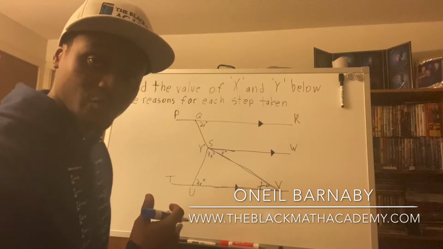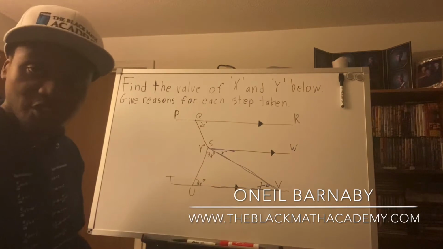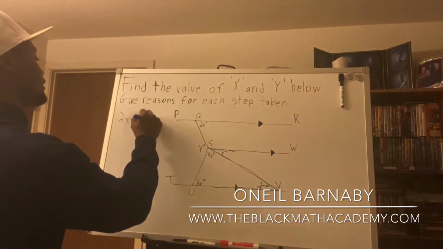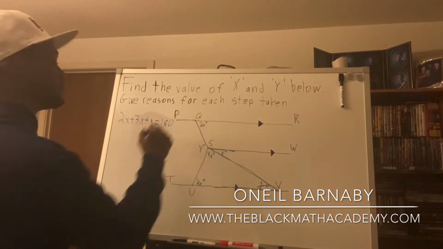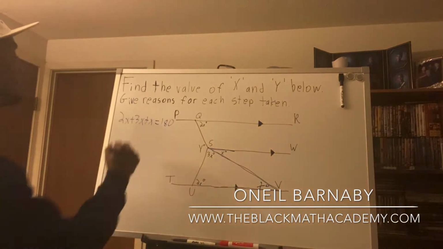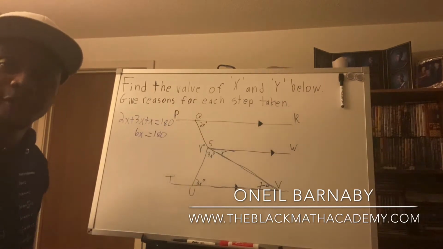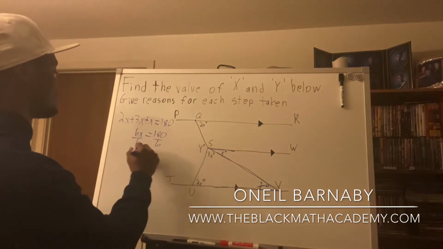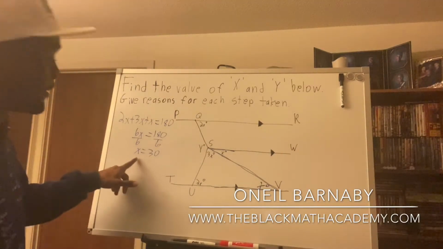So we can set this up where 2x plus 3x plus x equals 180. 2x plus 3x plus x is 6x. Then we can divide both sides by 6, and x is equal to 30. All right? So now we found the value of x.